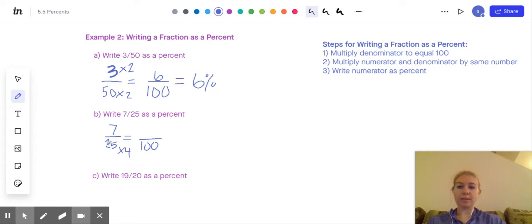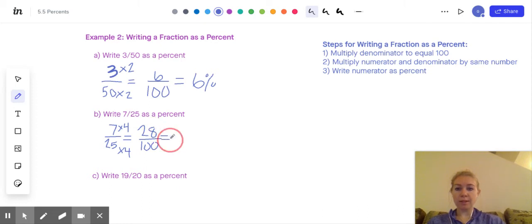You could think of it as 4 quarters equals $1. A quarter is 25 cents. 4 quarters is $1. Anyway, so then we need to take 7 times 4, because we multiply the numerator and the denominator by the same number. And I know 7 times 4 is 28.